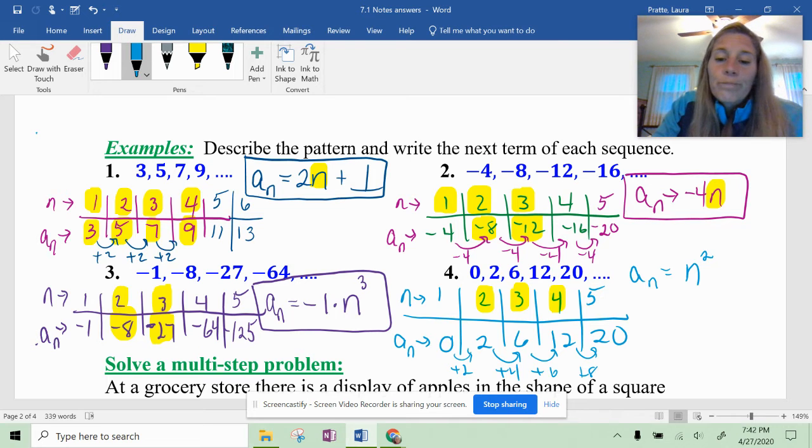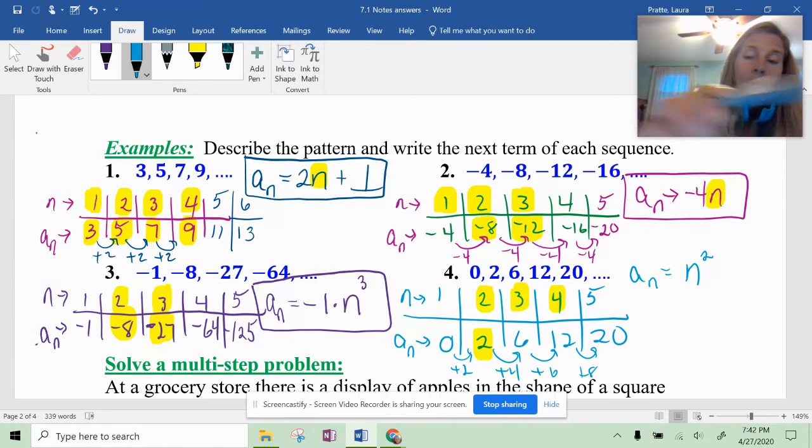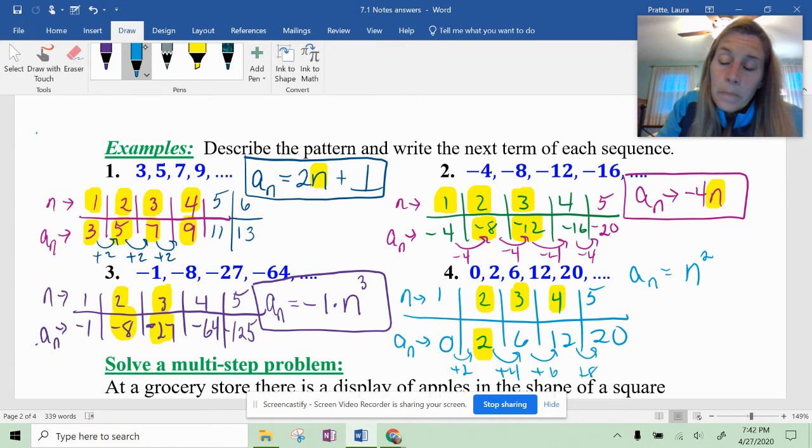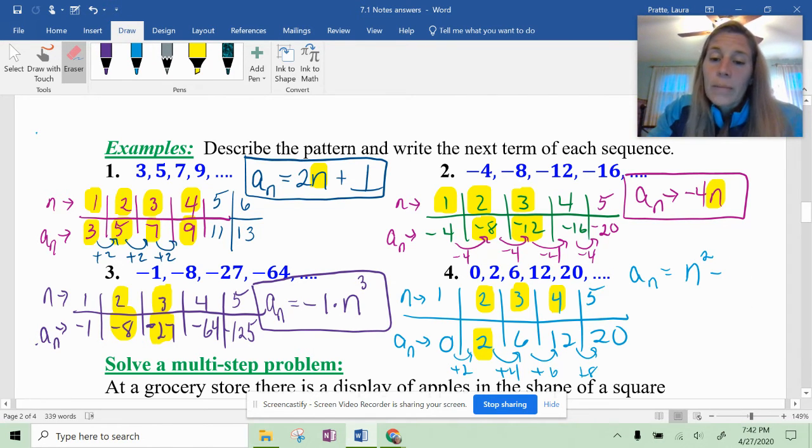So if I do 2 squared, I get 4. How do I get back to a 4? What would I do? Well, 2 squared is 4, and if I subtract 2, I would get that answer that I have there, right? So let's try for the next one. 3 squared is 9, but minus 2 would only get me to 7, and I need a 6. So I know this minus 2 is not the answer, but what else could work? I mean, minus 2 worked the last time, but this time I want a minus 3.